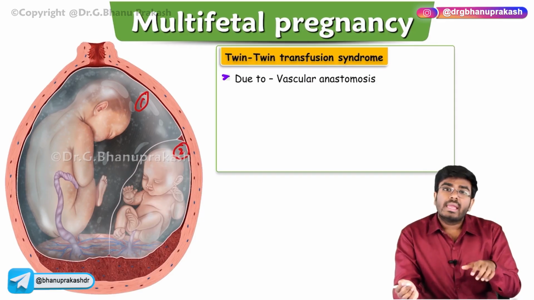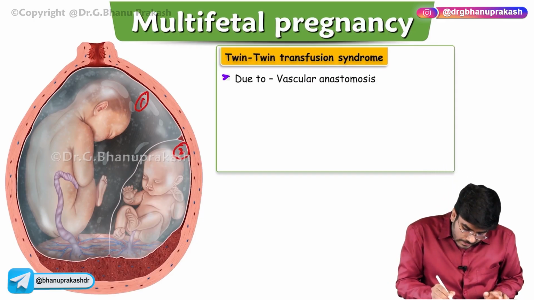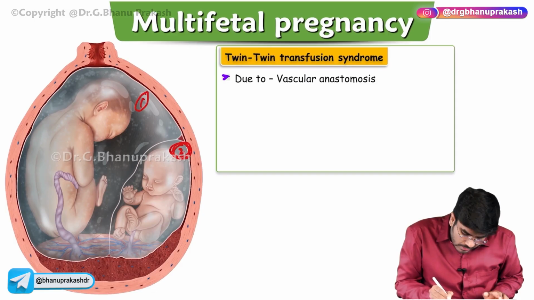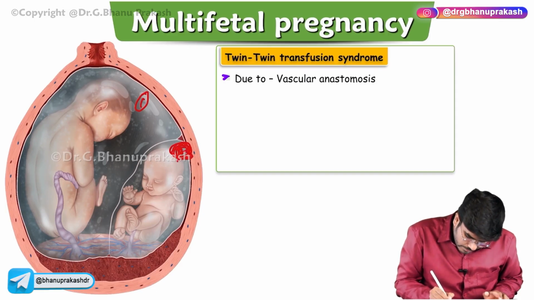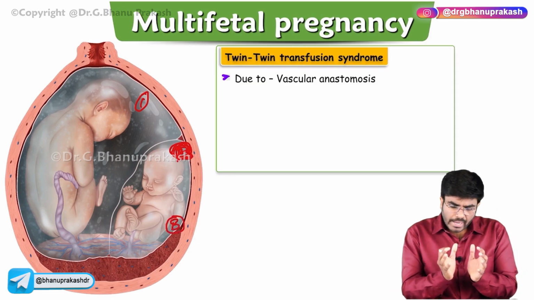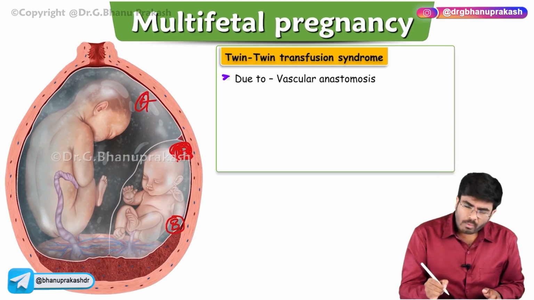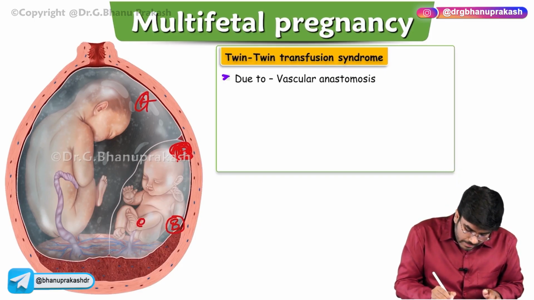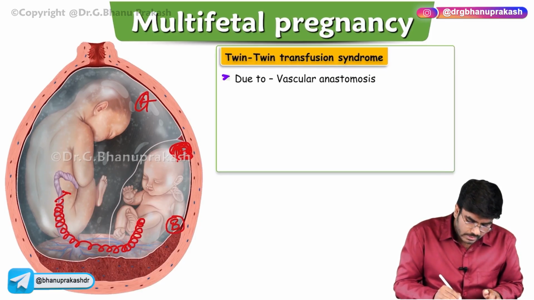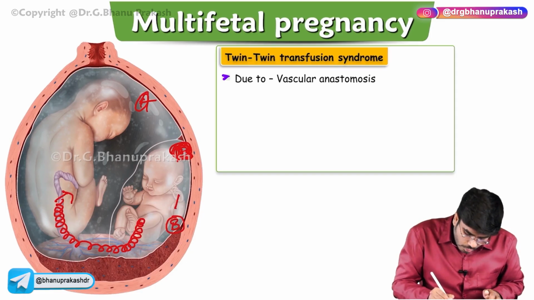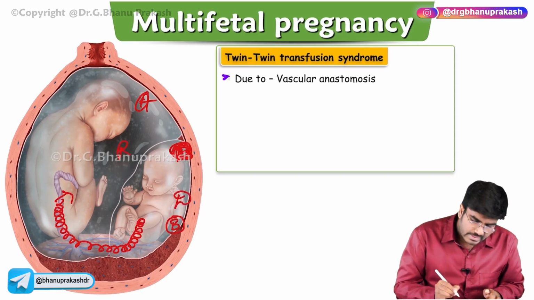For example, in this image, the twin 2, or twin B, is comparatively small in size compared to twin A. Why? Because this baby is giving blood to the other baby. So twin B is the donor and twin A is the recipient twin.